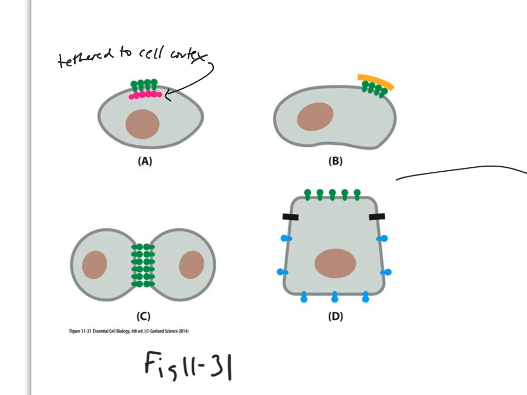Another option to restrict location would be for a protein to be tethered to the extracellular matrix molecules outside the cell. That's what it's showing here in yellow. A third option would be for proteins across two cells to be tethered to each other.